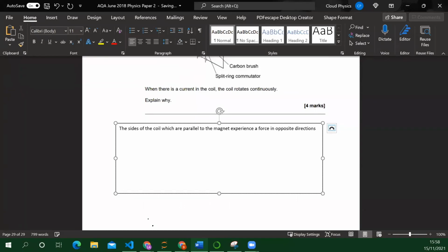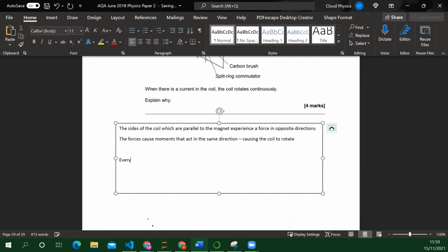Okay, so the forces cause moments that act in the same direction. One pushes it down, one pulls it up, causing the coil to rotate.